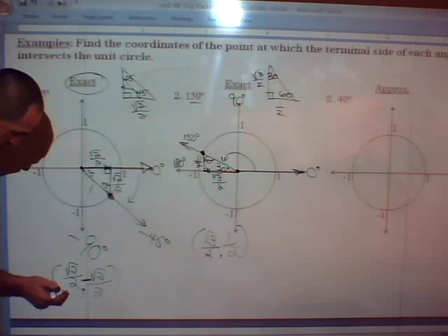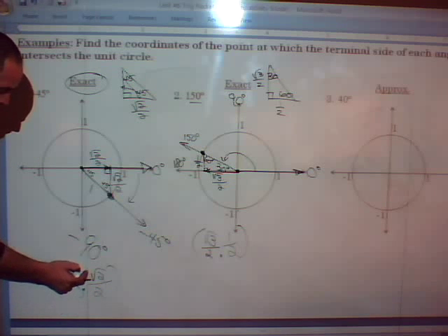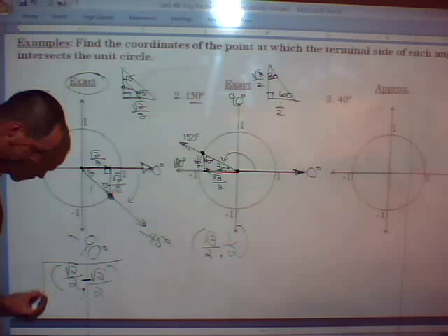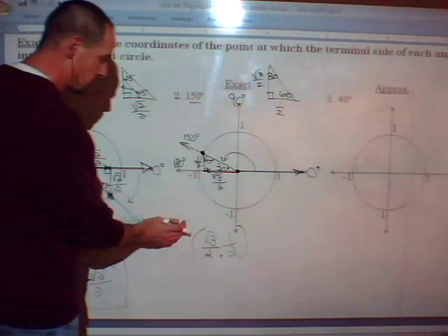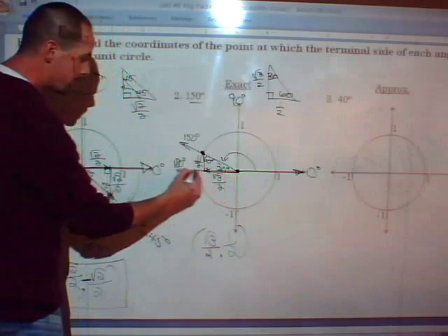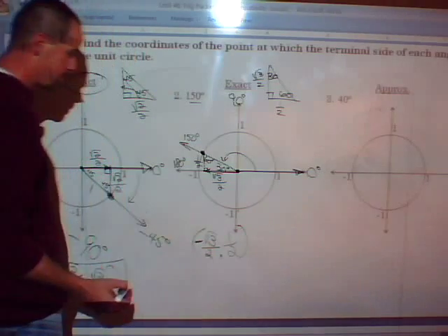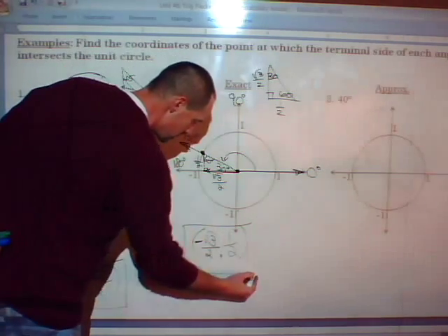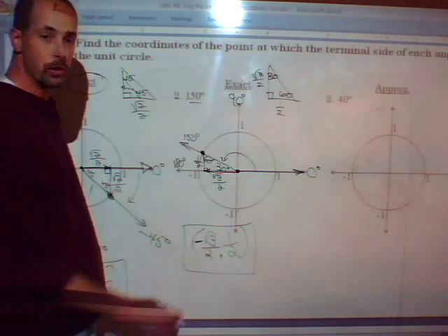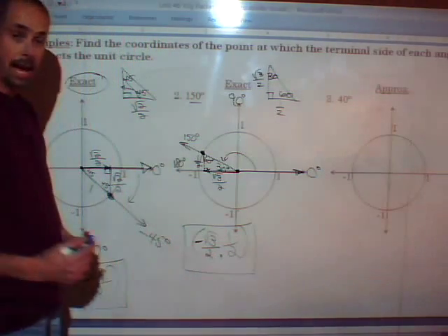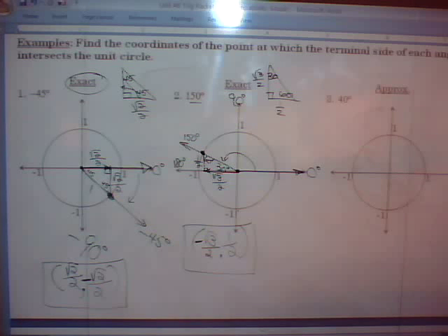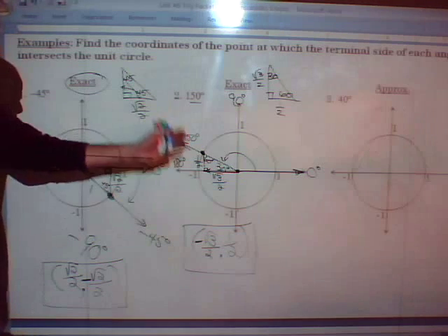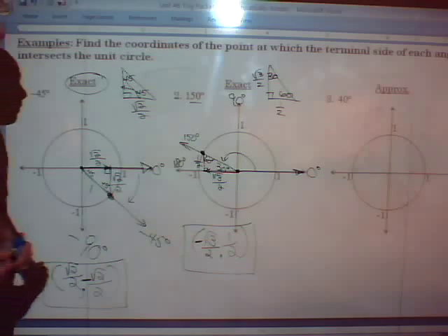So this is positive square root of 2 over 2, and this is negative square root of 2 over 2. Okay? On this one, our x is negative, and our y, because we're moving up, is positive. So this is negative square root of 2 over 2 and positive 1/2 as our values there. Okay? So if you're using special right triangles, that's what we're going to do.